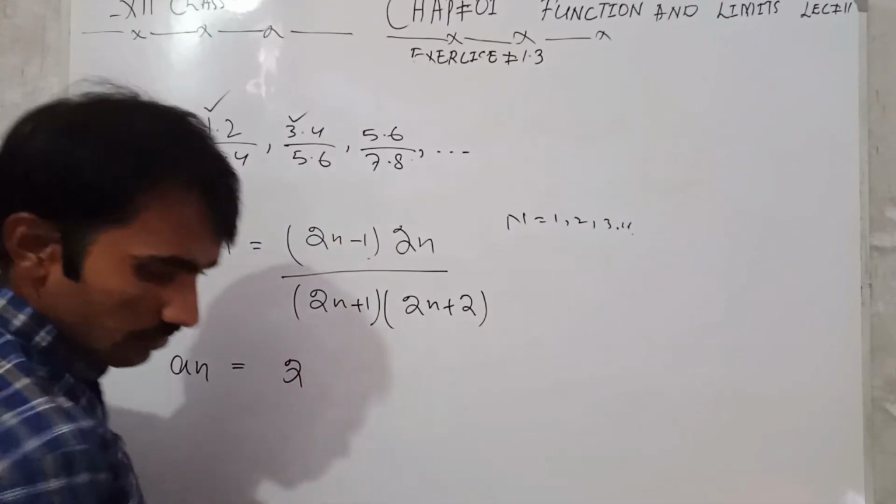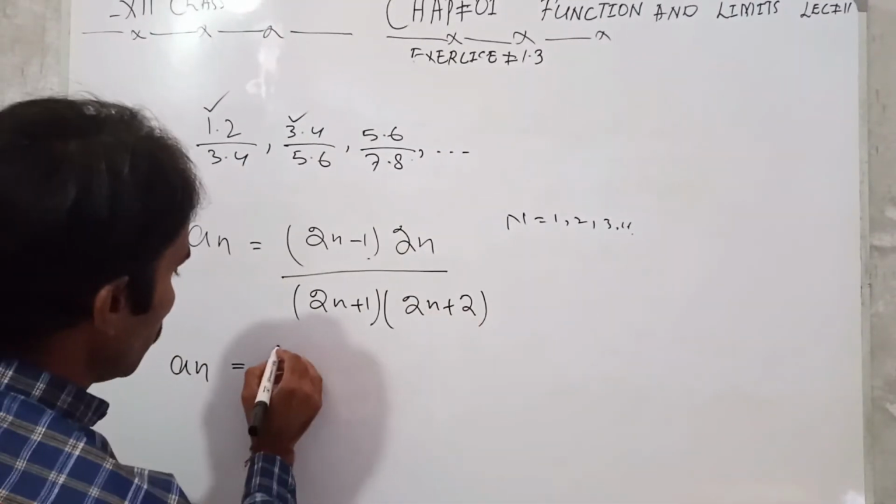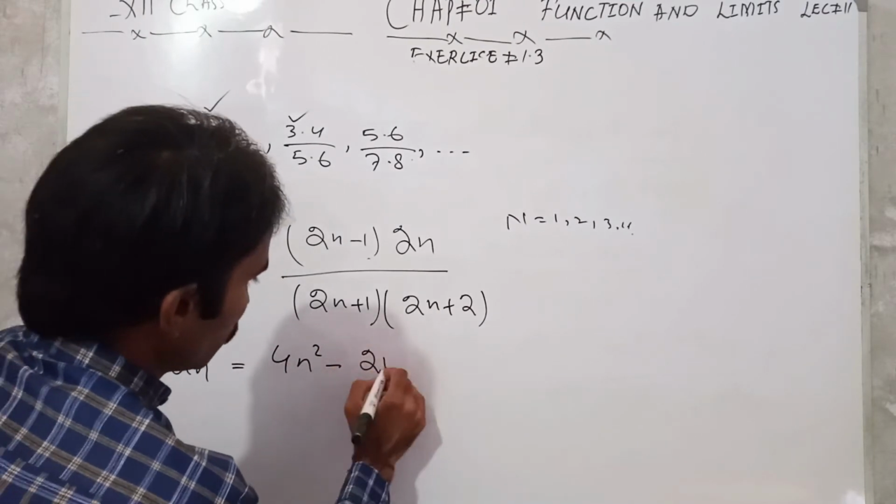The numerator will be 4n square minus 2n.